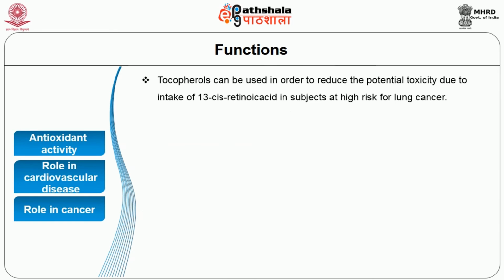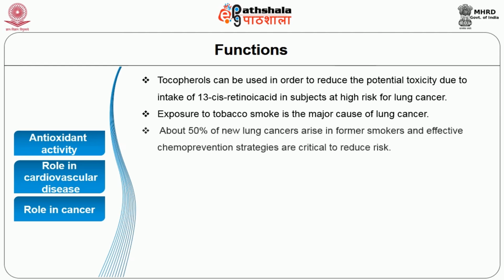Tocopherols can be used in order to reduce the potential toxicity due to intake of 13-cis-retinoic acid in subjects at high risk for lung cancer. Exposure to tobacco smoke is a major cause of lung cancer. About 50% of new lung cancers arise in former smokers, and effective chemoprevention strategies are critical to reduce the risk.